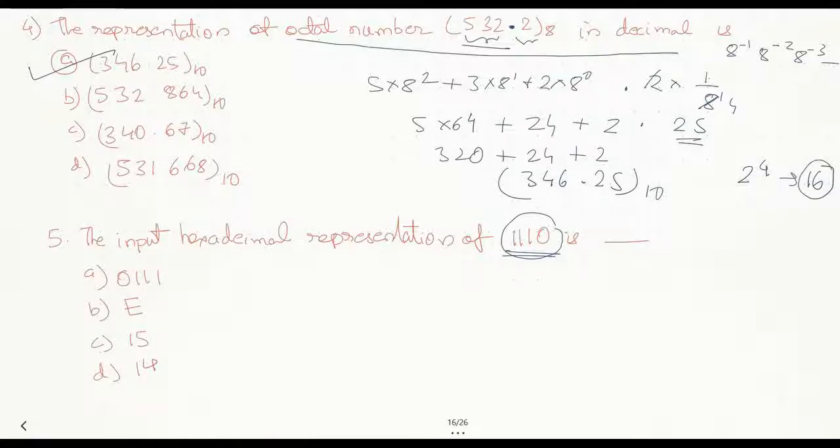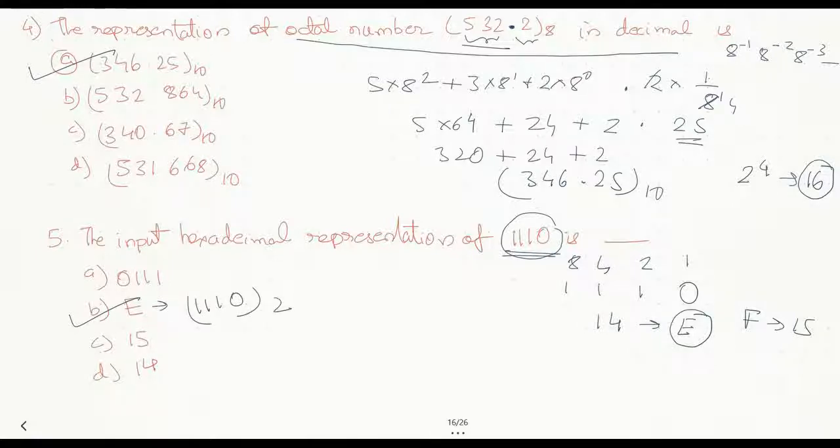So let us evaluate the value of this binary sequence 1110. We remember the positional values 1, 2, 4, 8, so basically 8, 12, 14. Now what is 14? 14 is E in hexadecimal, and F is 15. So our correct answer will be E. If we convert E into a binary representation, it will be 1110 in binary. So that's why the correct answer is E.